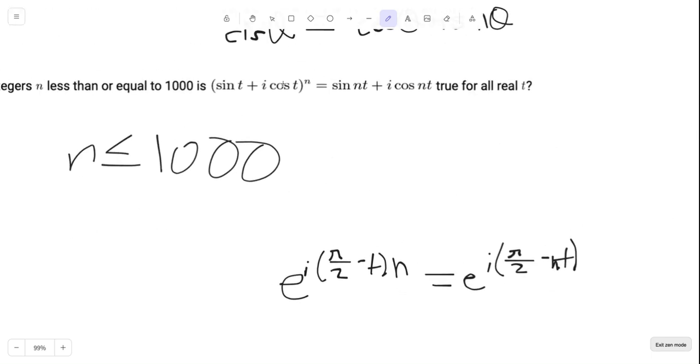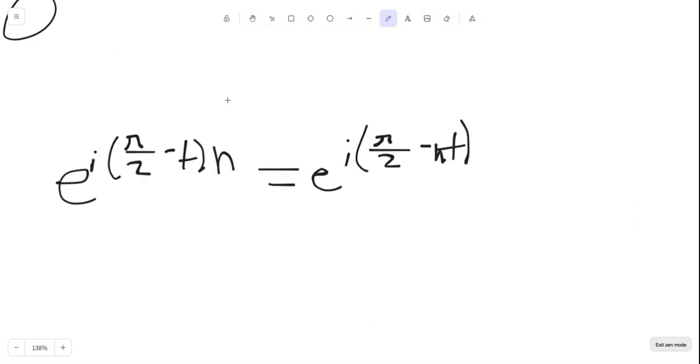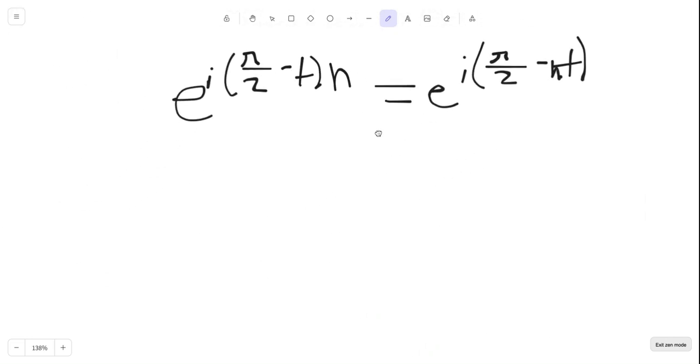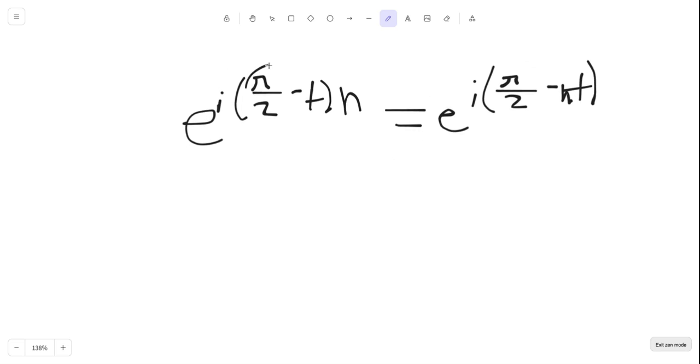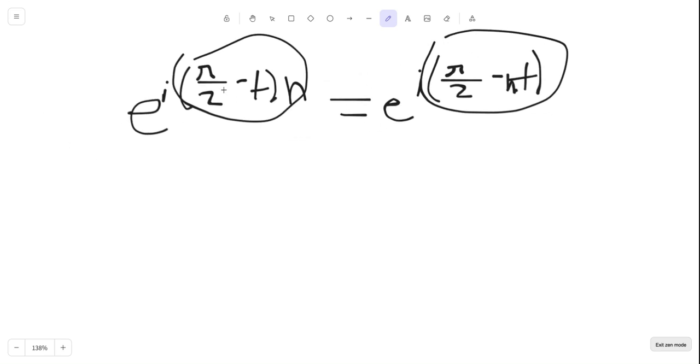On the left, we use De Moivre's formula for raising a complex number to the nth power. On the right, it's something different. Basically, everything's the same except what argument we get in here. So the numbers multiplying i in the exponents have to be the same, or you can just take the natural log of both sides and divide by i.